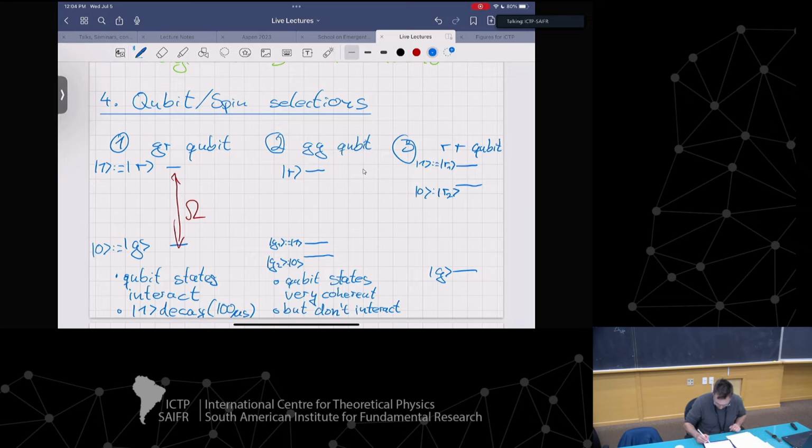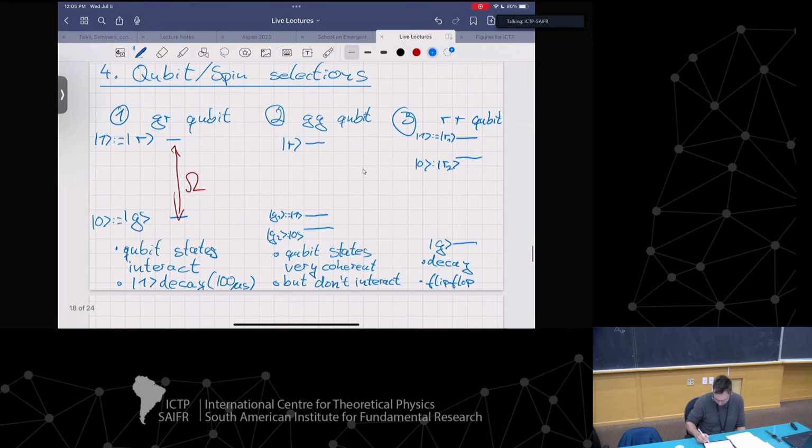This is of course the Rydberg states decay, but the advantage is now that you have flip-flop interactions. This is basically this resonant regime that we first talked about, where neighboring atoms can exchange energy. So if you want to study maybe a Heisenberg, an XY model, you would want to work in this encoding.